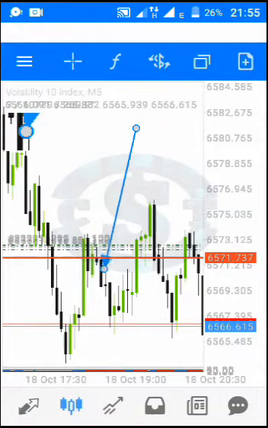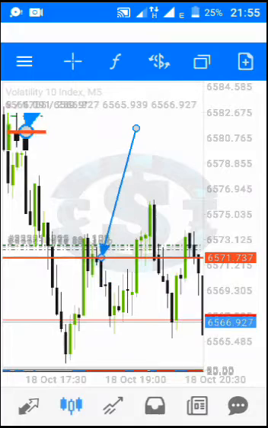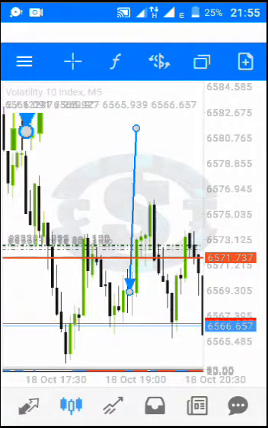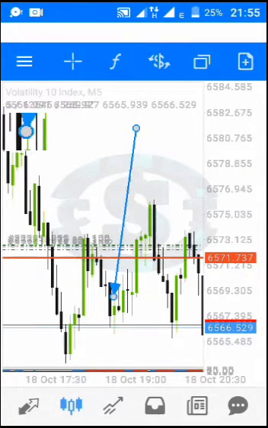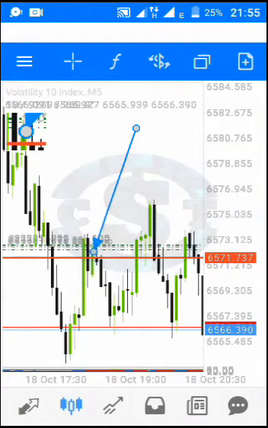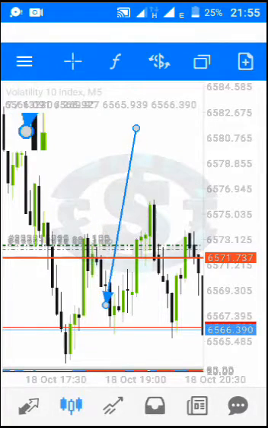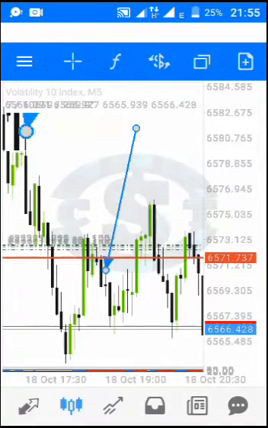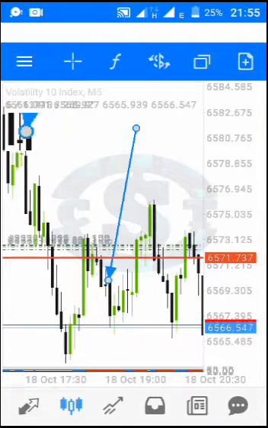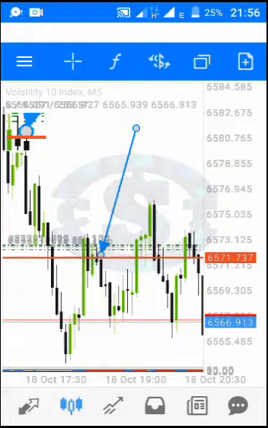Now, those who wait for candlestick patterns are going to be looking to see whether we will have a candlestick pattern. Now we see this bearish candle come down. Great. Then we had a bullish candle following it, and then we had this shooting star.